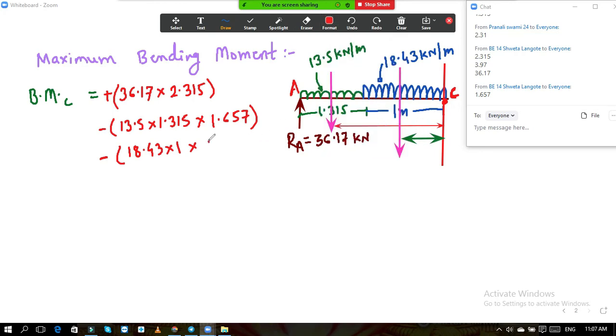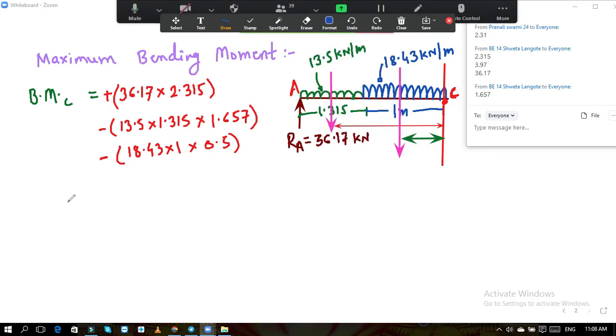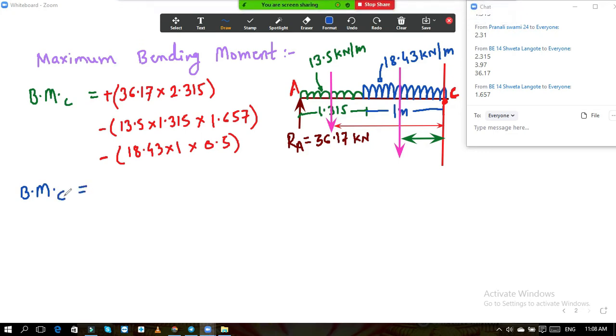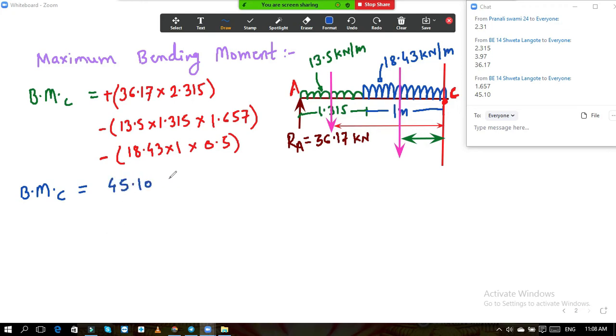So here I will write 0.5. Now if you solve this, you will get the bending moment at point C. It is 45.10 kilonewton meter. This is the bending moment.